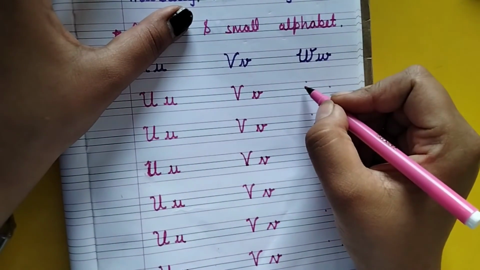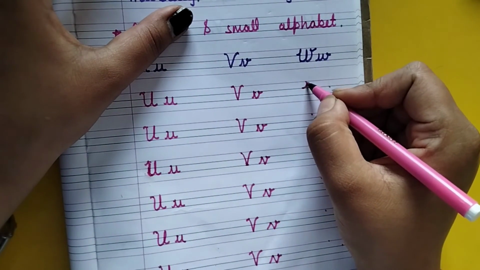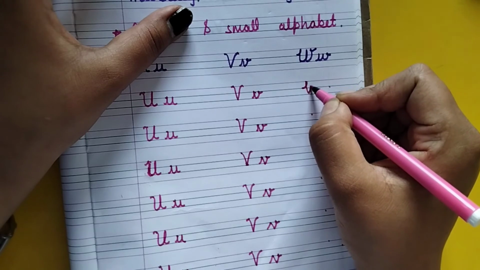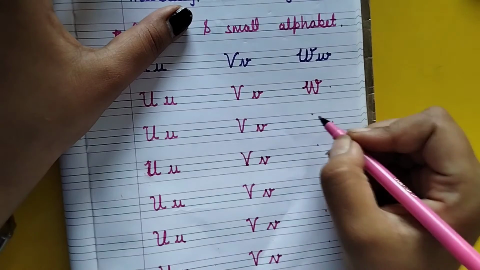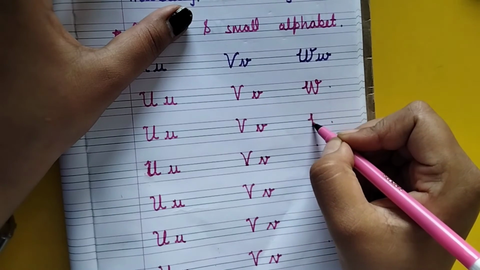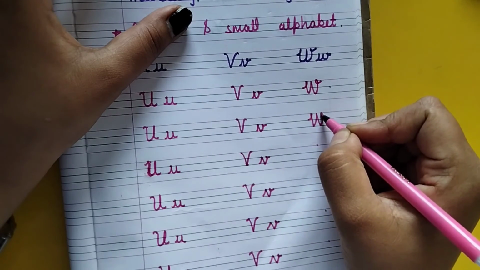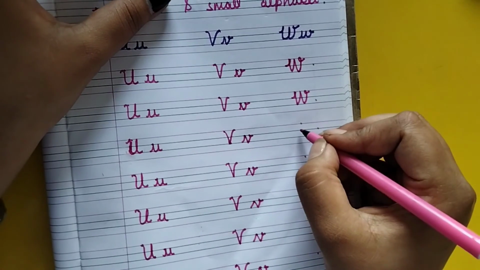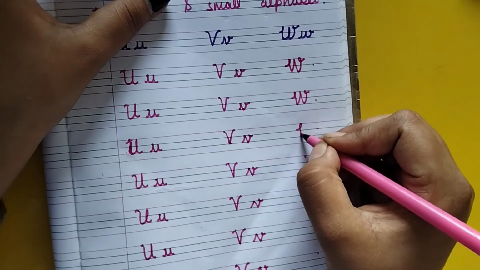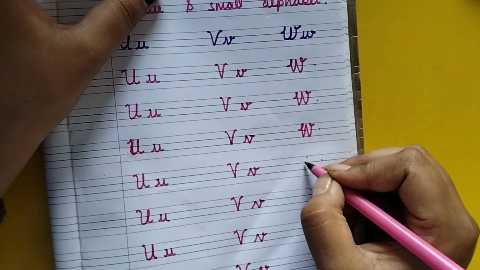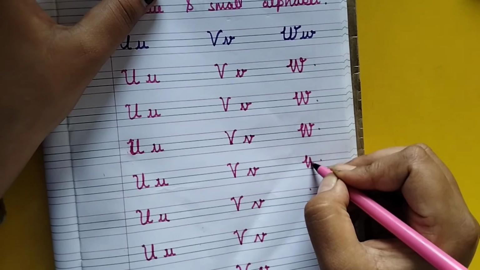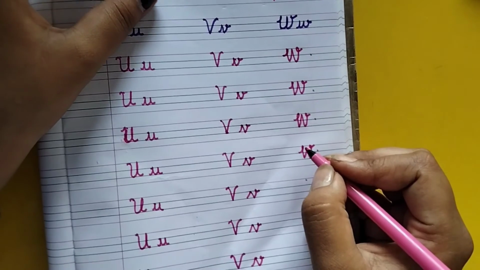And now W. Give the curve shape, go up and then round it. W, again. Come down and go up like this.